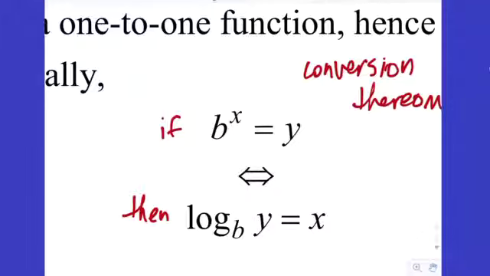So we could say if b, the base, raised to the x power equals y, then log of the same base b of y is equal to x. Okay, so you can read it that way. You can also flip these two things around, and you can put the if at the bottom and the then at the top. So it works the other way. If log base b of y is equal to x, then b to the x power equals y.